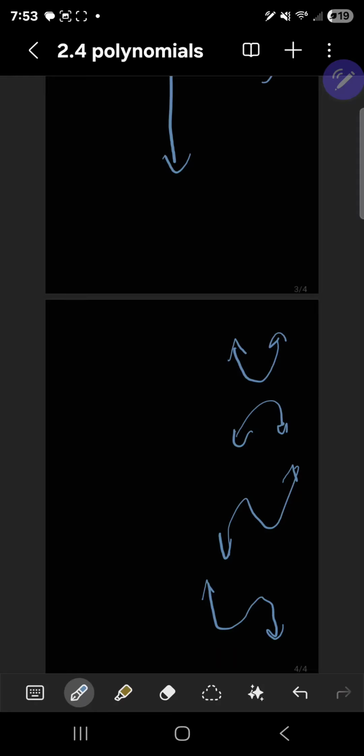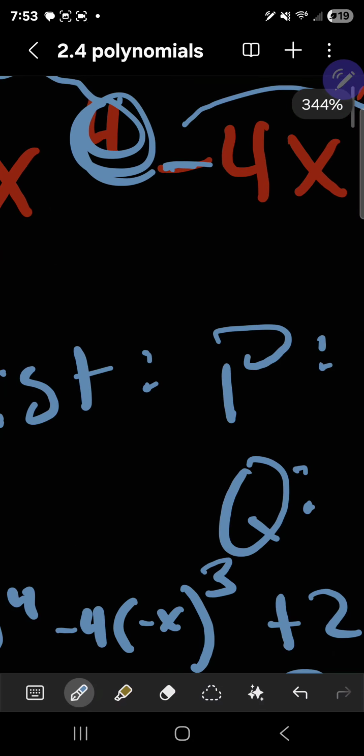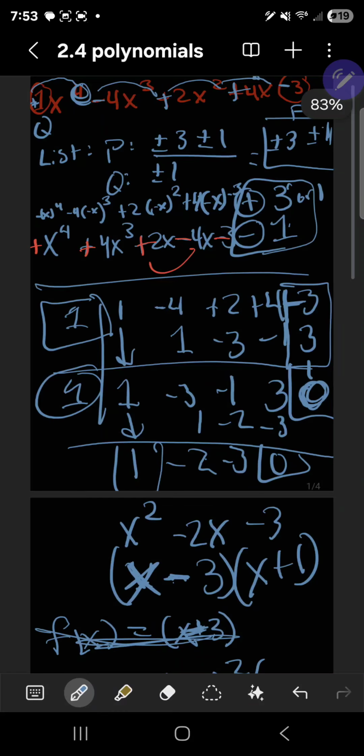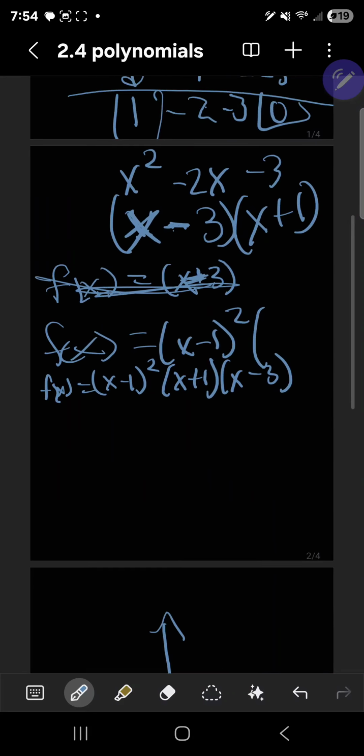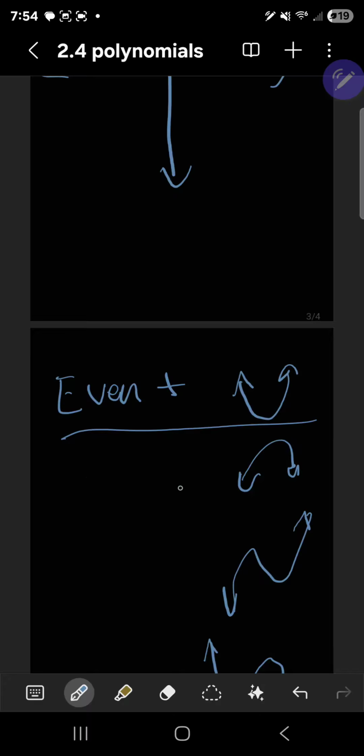If the highest power, this 4 right here, is even with a positive, like it is, then it's this one.